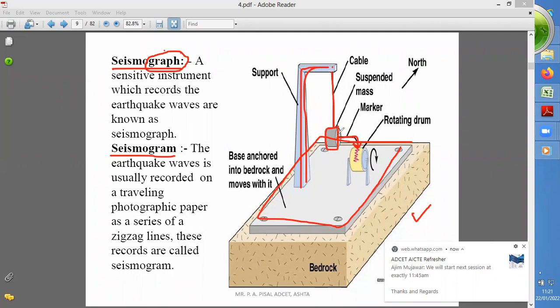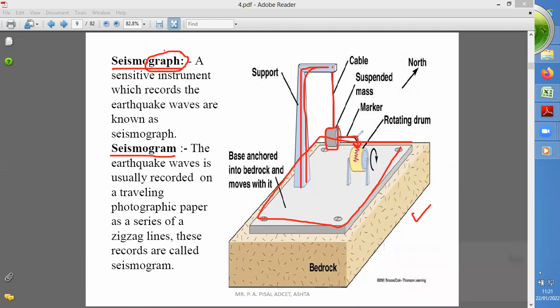To that circular drum, one marker pen is provided, or instead of a marker pen, another marking instrument is provided here. And this marker pen is pointed on a rotating drum. The rotating drum is present here at the bottom.